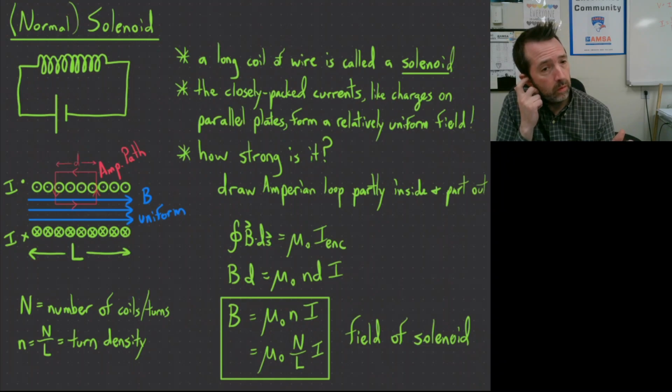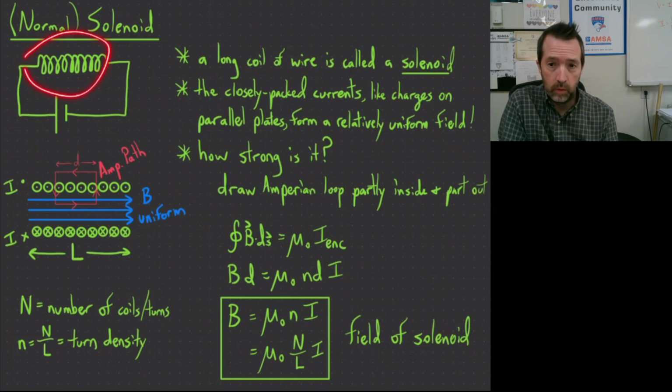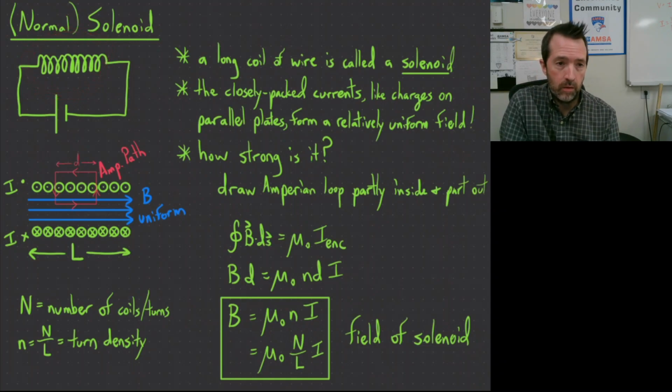So the circuit symbol for a solenoid is a curly Q, kind of like what I have drawn in my schematic there. Usually you don't draw that many little loops, but it's just a few loops. Below that, what I'm showing is a cross-section of the solenoid.